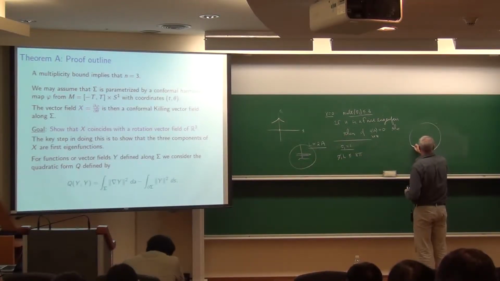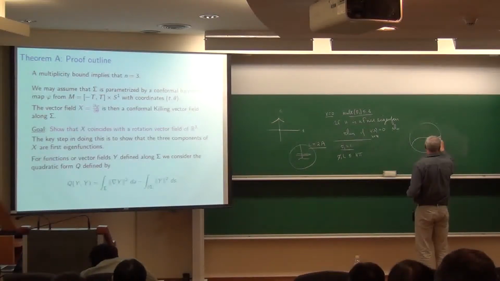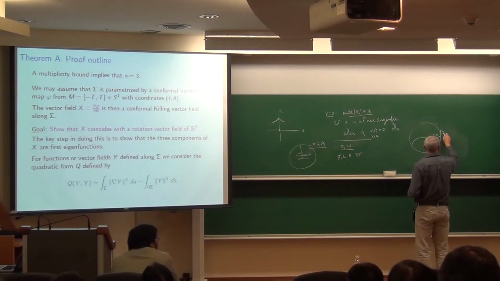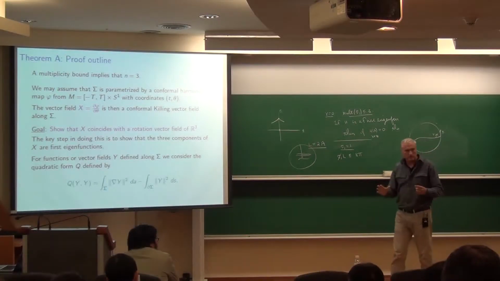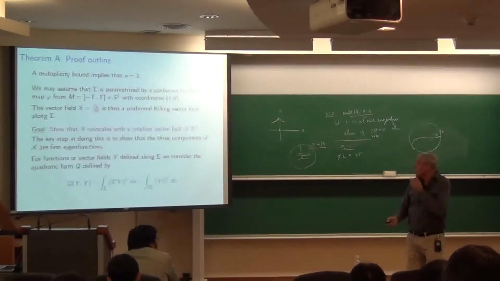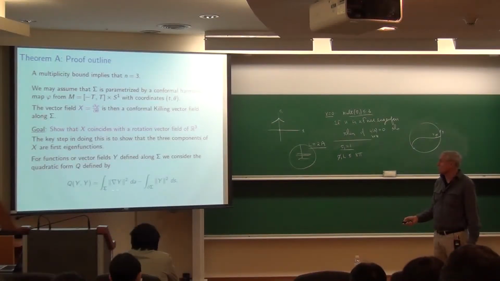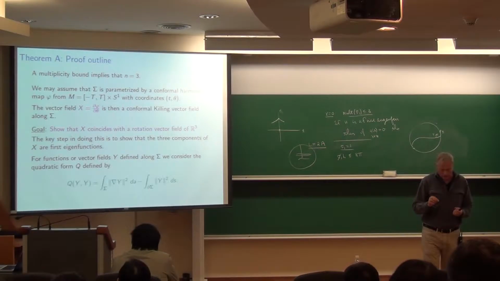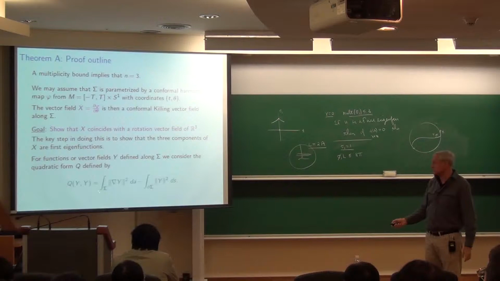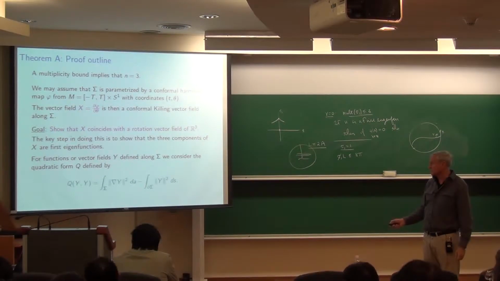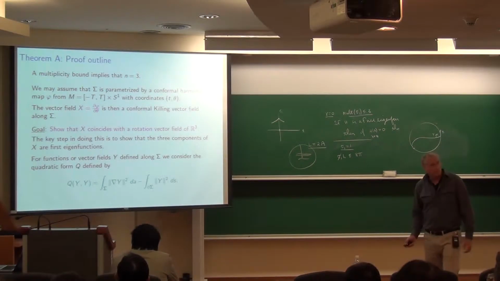Inside it may be neither tangent nor normal. So we look at such vector fields, then we consider the quadratic form. We just think of the components, Y1, Y2, Y3, as functions, and then we take the sum of the Dirichlet integrals. That's the first term, the integral over Sigma of the gradient of Y squared, and then there's a boundary term, which is the integral over the boundary of the norm of Y squared.